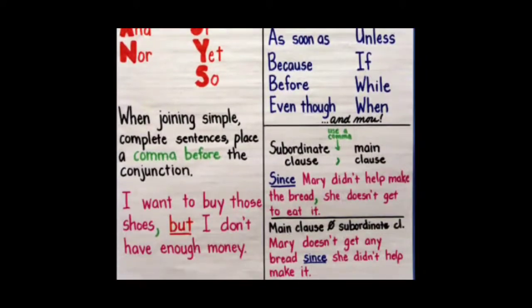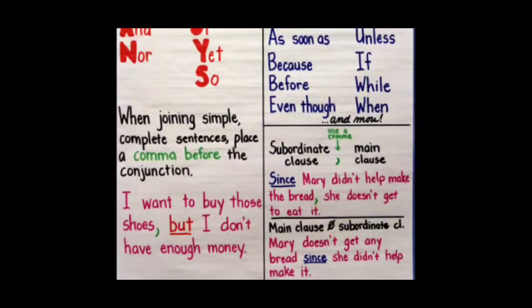So with a subordinating conjunction, first, when you start the sentence with the subordinating clause, definitely you must use a comma. If you start the sentence with the main clause, there is no need of using a comma, children. So be clear in this concept and look at the example here.